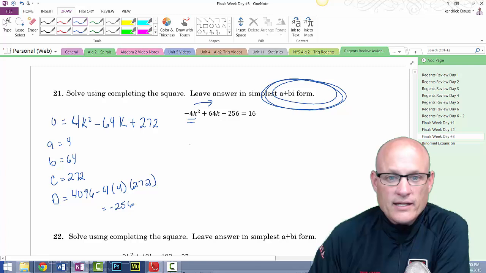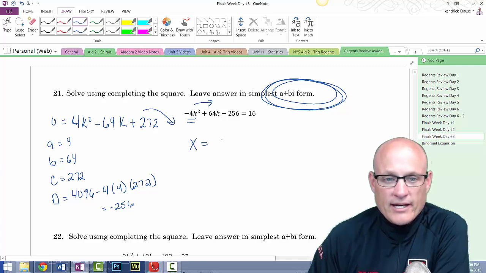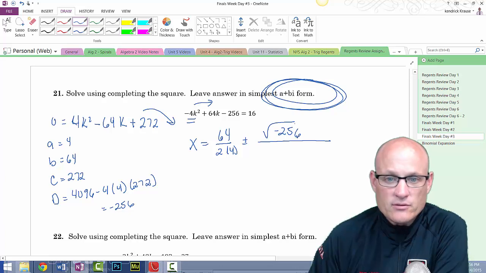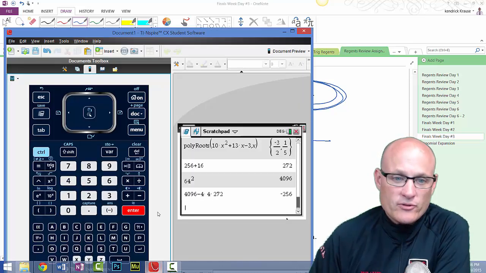So I get x equals, remember we're dealing with this one now, negative b is 64 over 2 times 4 plus or minus the square root of negative 256 over 2 times 4. Well, you may not know it, but 256 is a perfect square.